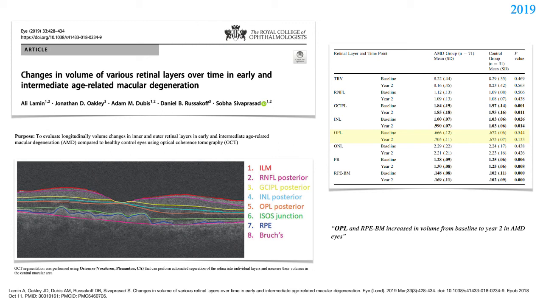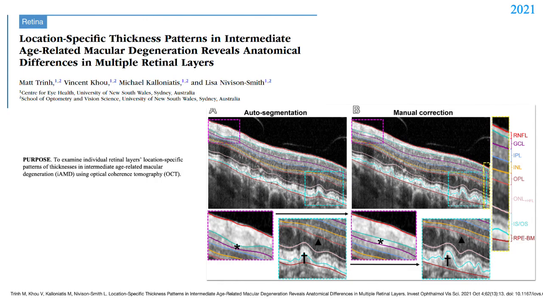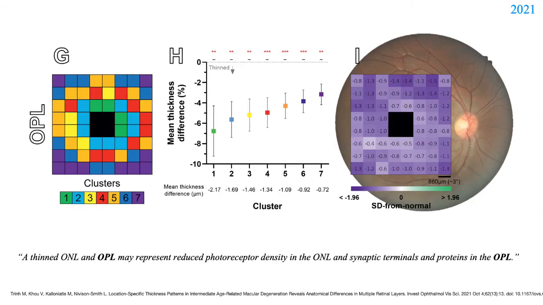They are pretty recent, like in 2019 this group published the results about a sort of increase at the level of the outer plexiform layer in the volume from baseline to year 2 in patients affected by intermediate AMD. Other groups propose, on the other hand, a completely different trend.